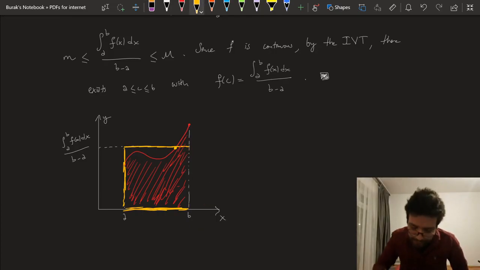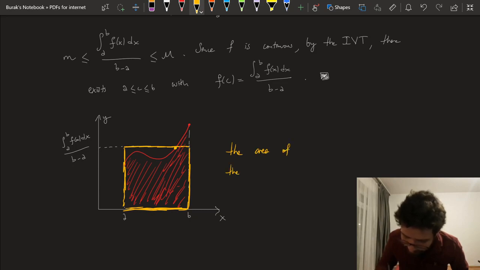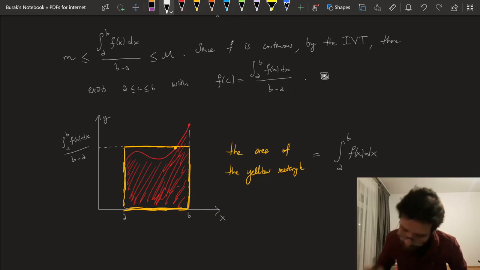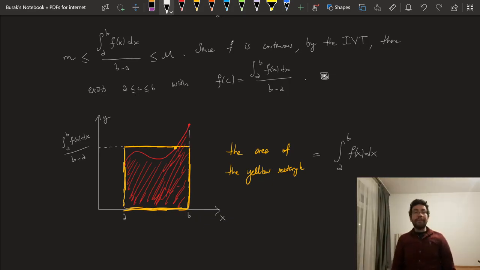So the point is, the area of this yellow rectangle is equal to the integral of f from a to b.